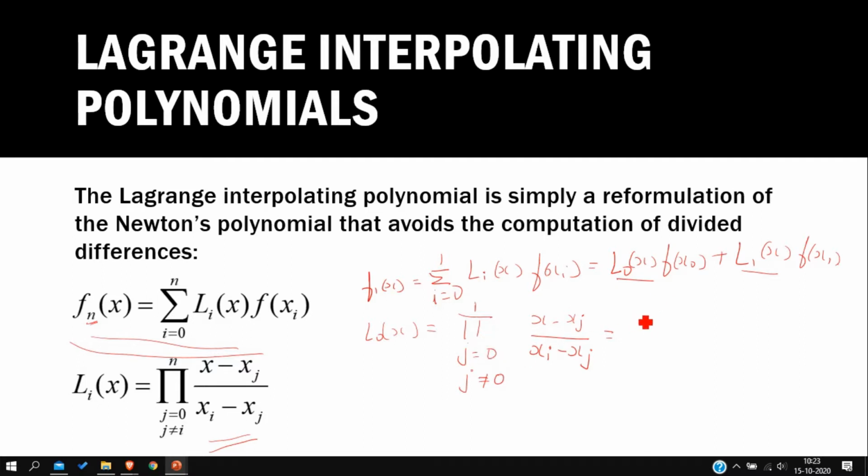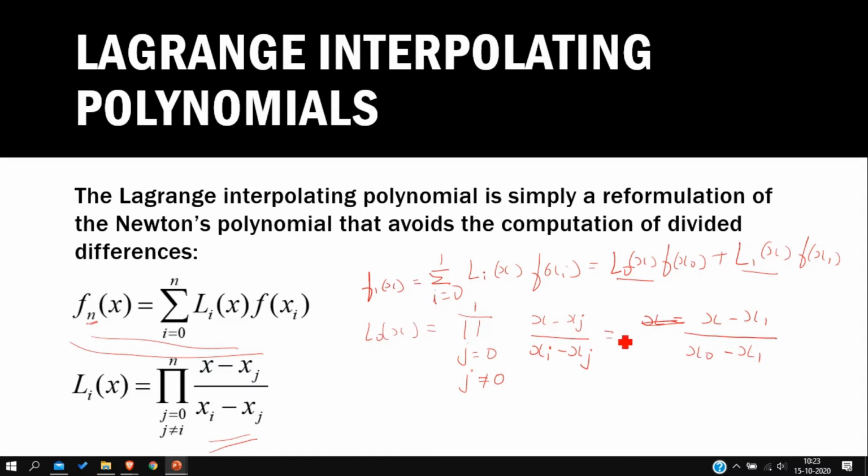So this becomes x minus x1, where x is the normal x value for which we have to find the interpolation, divided by x0 minus x1. So this is the value of L0 of x.